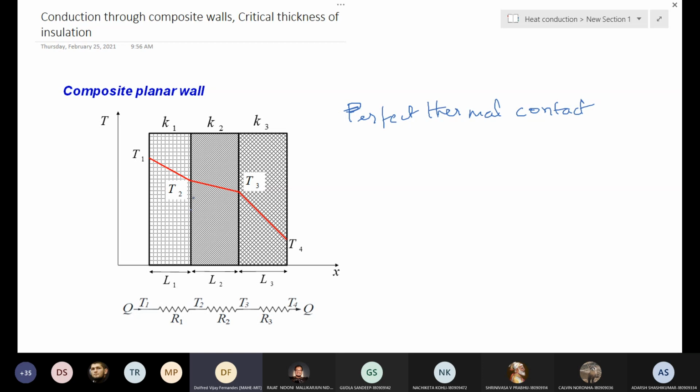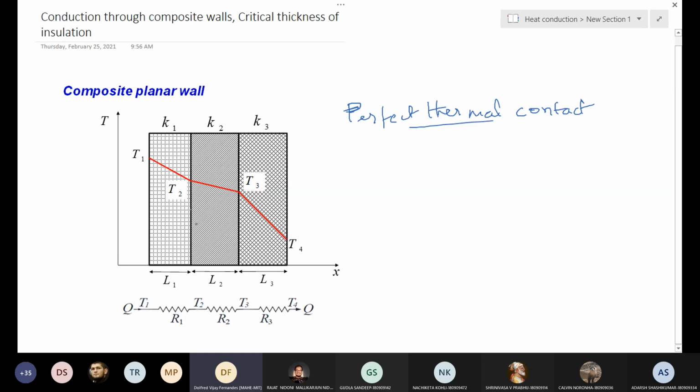That is the problem, and because of it we have extra resistance when we bring two walls close to each other. For the time being we ignore the contact resistance and take up this continuity in temperature. So the perfect thermal contact assumption is made here.